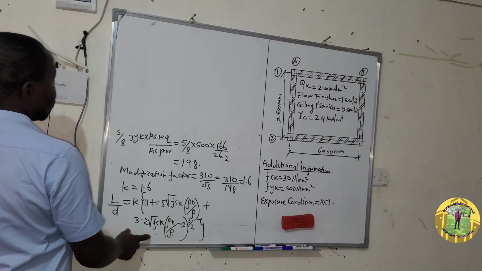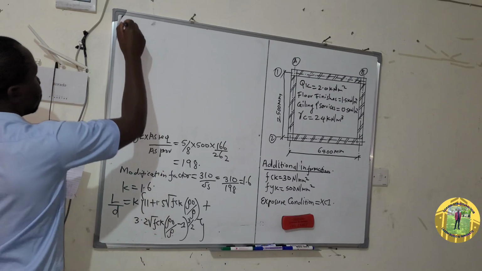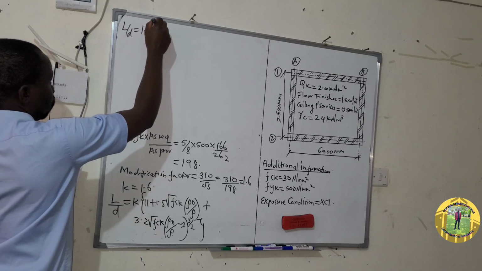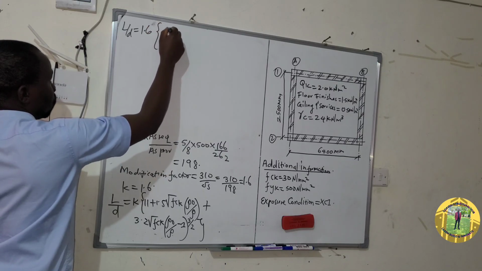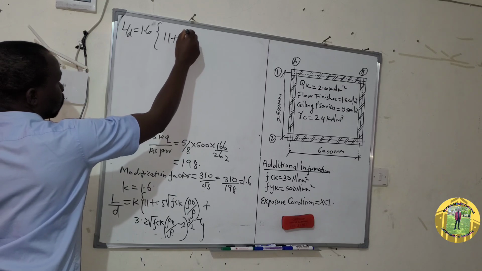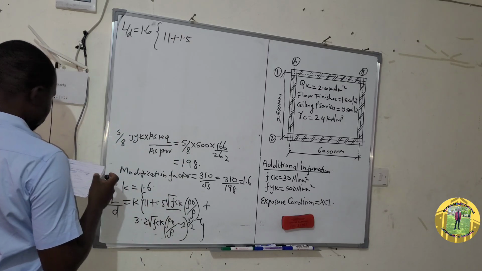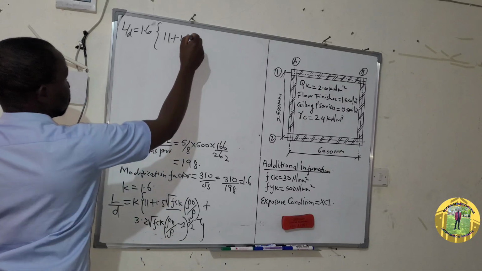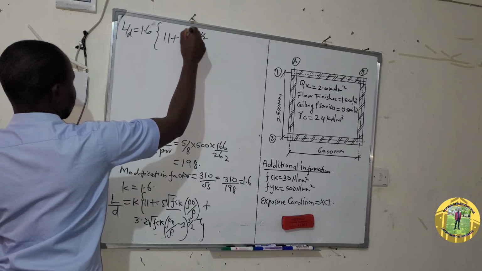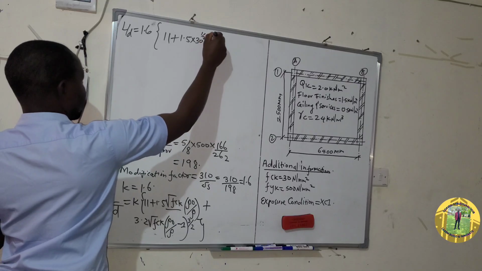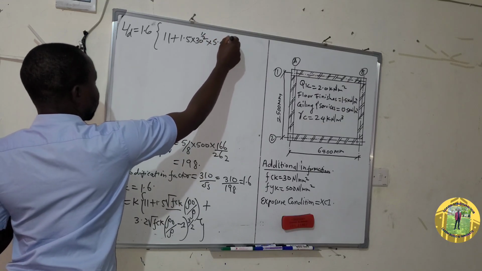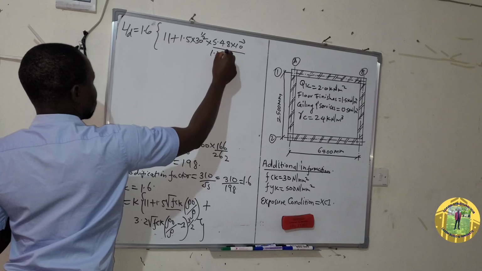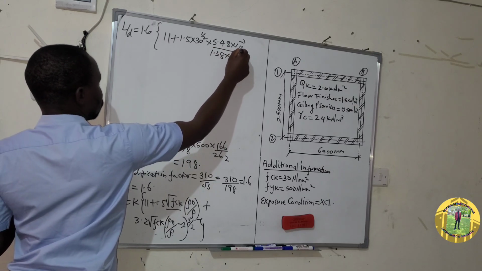So in this formula, let's insert what is known. L over D is equal to K, which is 1.6, open the bracket, 11 plus 1.5 times 30 raised to power half times 5.48 times 10 to the power of -3 all over 1.38 times 10 to the power of -3.